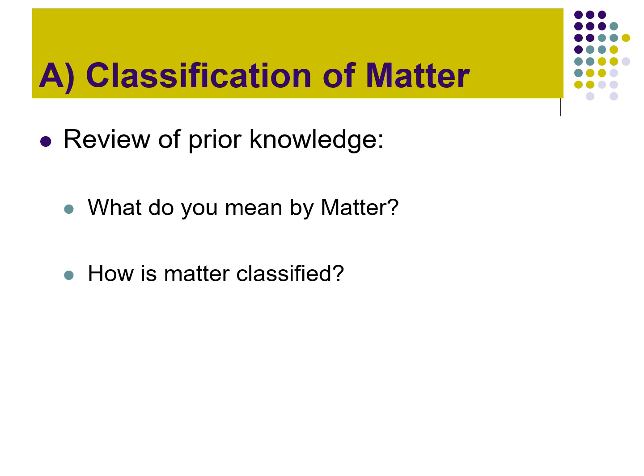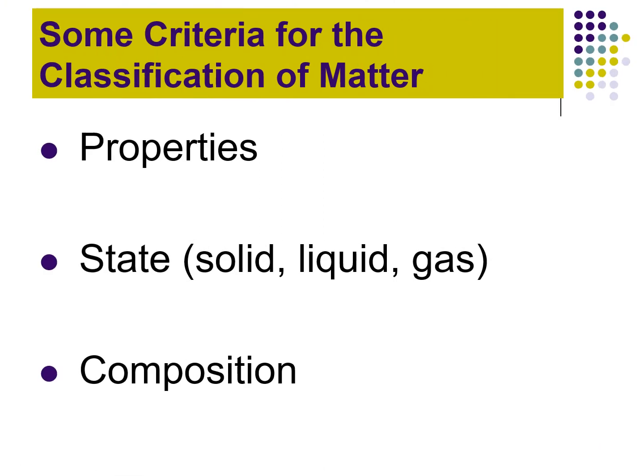Then how has the matter been classified? Matter will be classified into solid, liquid and gas and all these things. We will get a review about matter first of all, then we will get back to the transformation of it. Okay, children? So let's look at the criteria of the classification of matter.